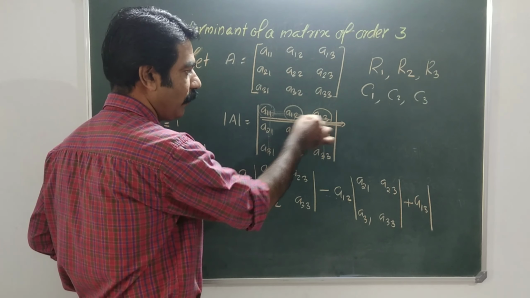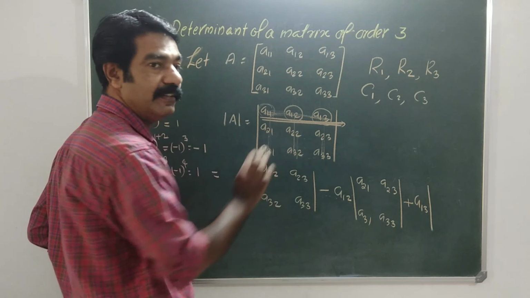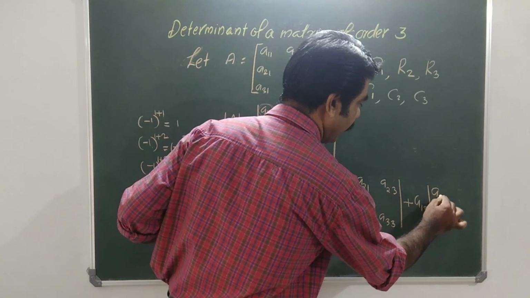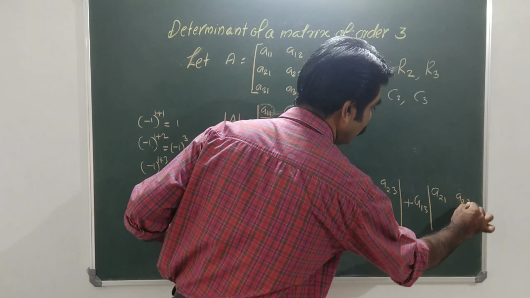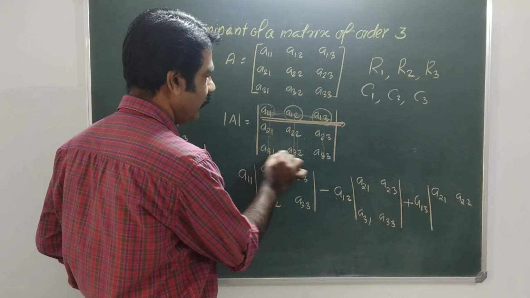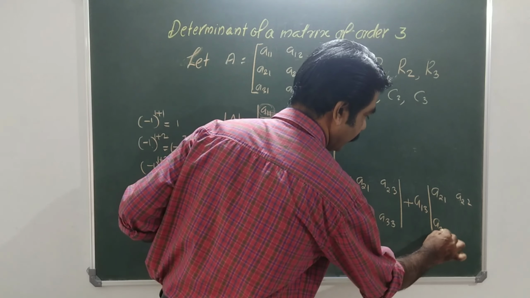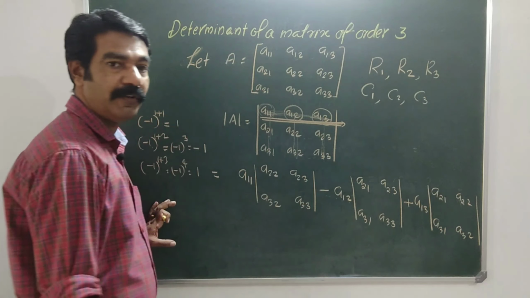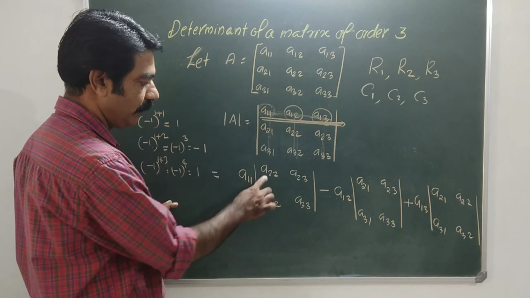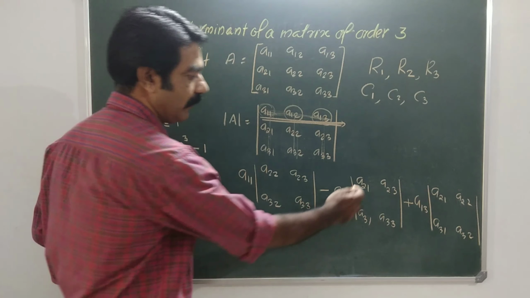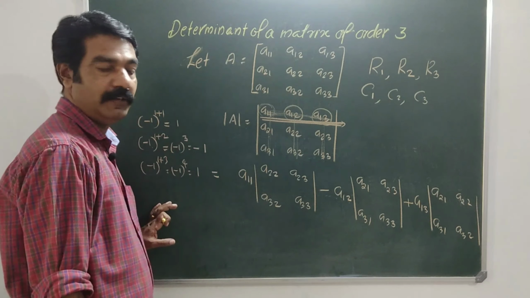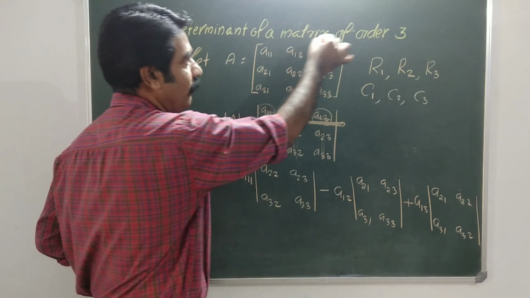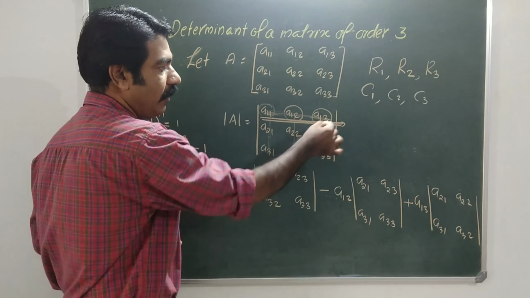The remaining entries are A21, A22, A31, A32. Now we can expand: A11 into this 2 by 2 determinant, which we can expand by cross multiplying, and the others also. This is a way to expand a determinant of a matrix of order 3 along the first row.